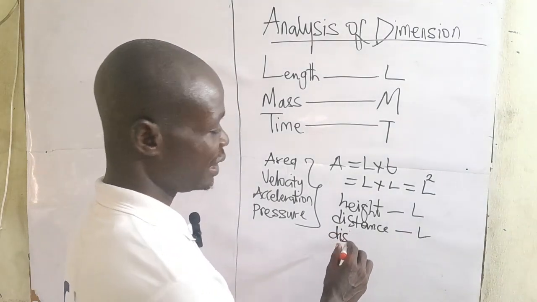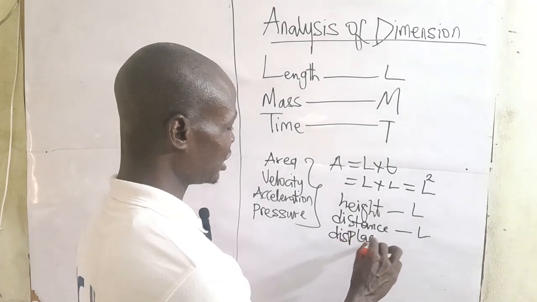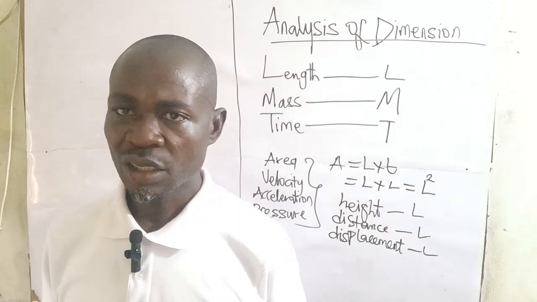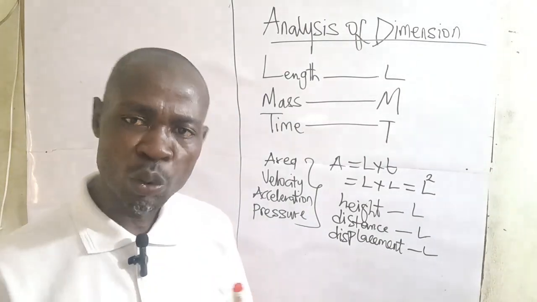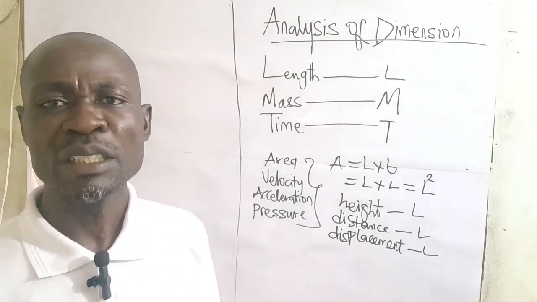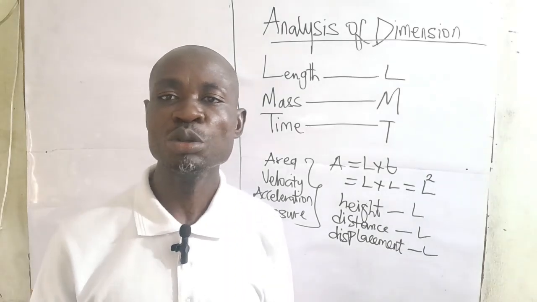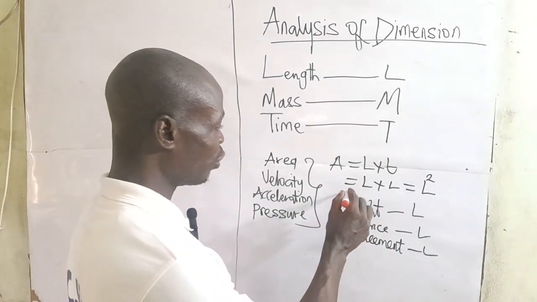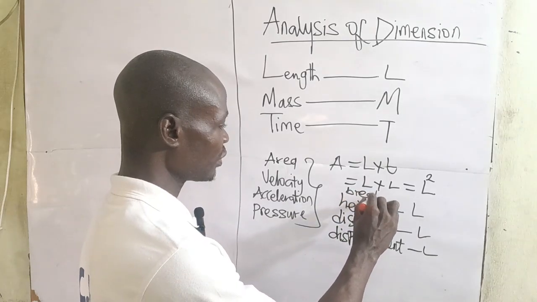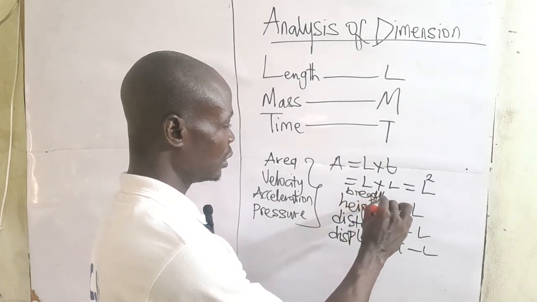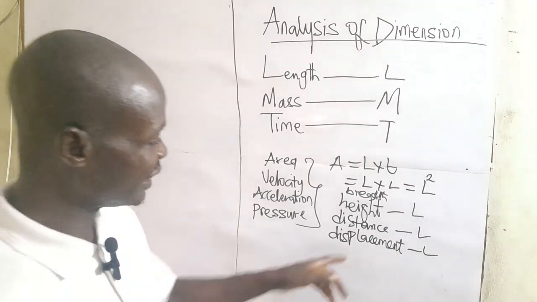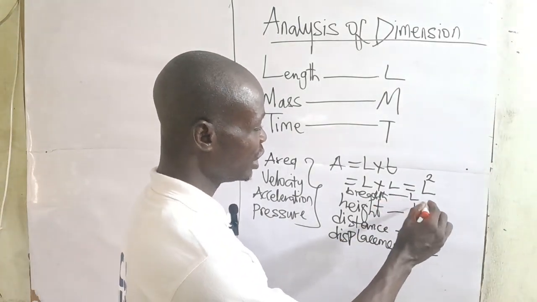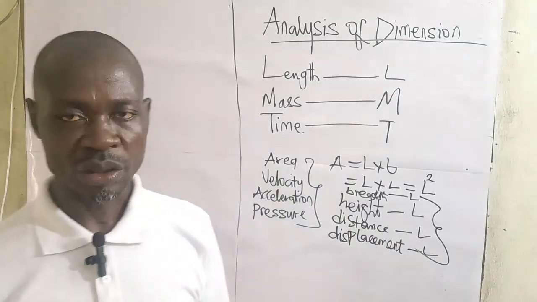Whenever you hear displacement, it equally represents L dimensionally. These are the things you are going to be looking out for when analyzing dimensions. Whenever you see them, you will understand they are represented with L. Remember: one, breadth; two, height; three, distance; and then, of course, displacement.